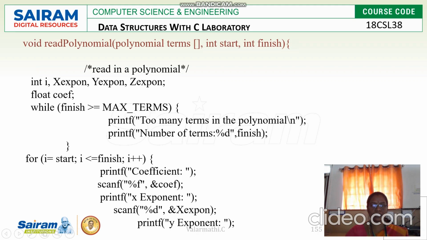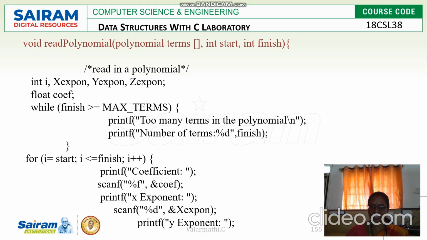Then read polynomial. Read polynomial is the function to retrieve the values of each exponent. So x exponent, y exponent and z exponent are separately declared as integers and coefficient is declared as float. Then we have the condition that if finish is greater than or equal to maximum terms, we cannot allow the polynomial terms.